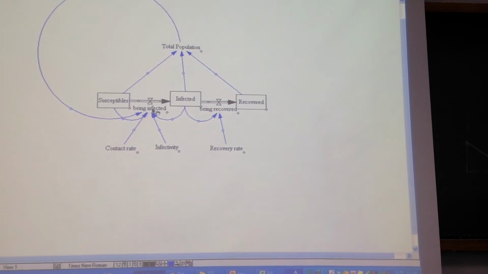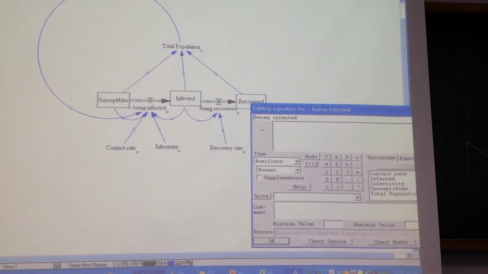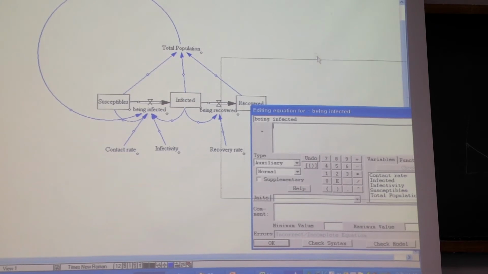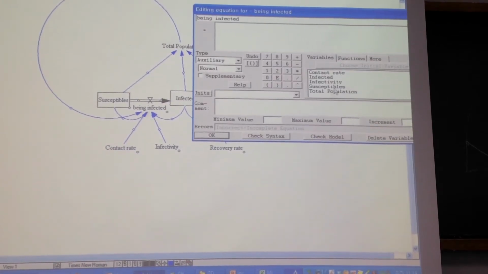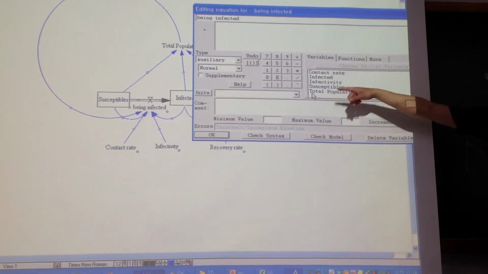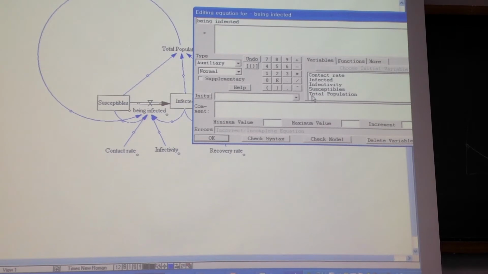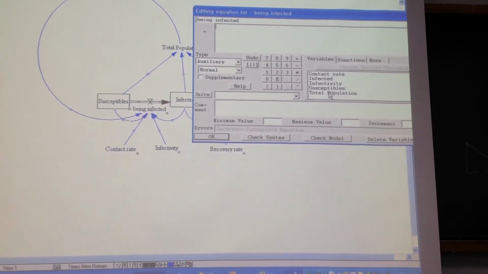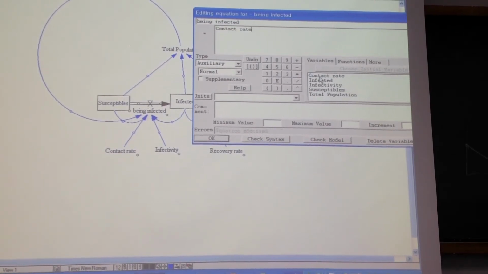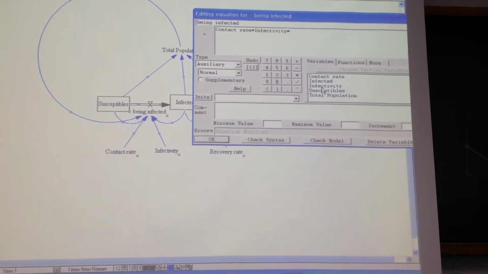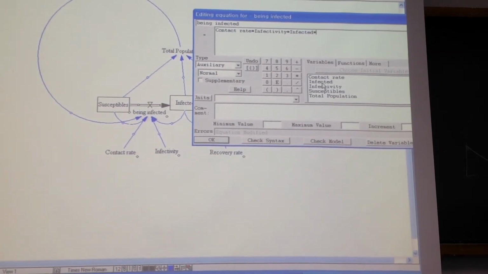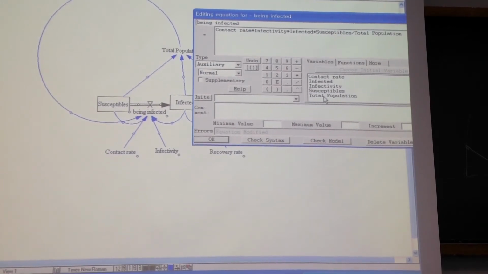And being infected, equation. So being infected, as you can see, has all the variables that I connected to it. Being infected is the rate, which is beta, contact rate, times infectivity times infected population times susceptible population divided by total population.